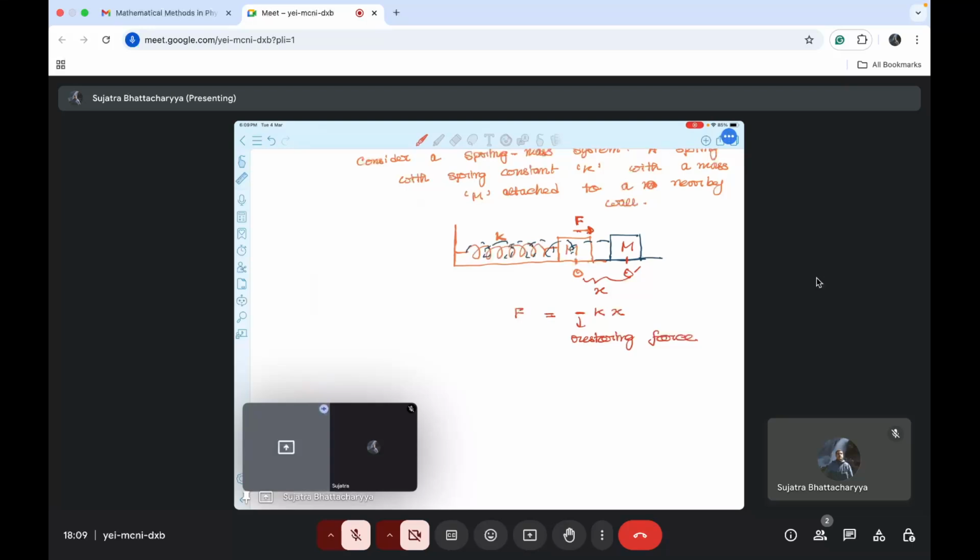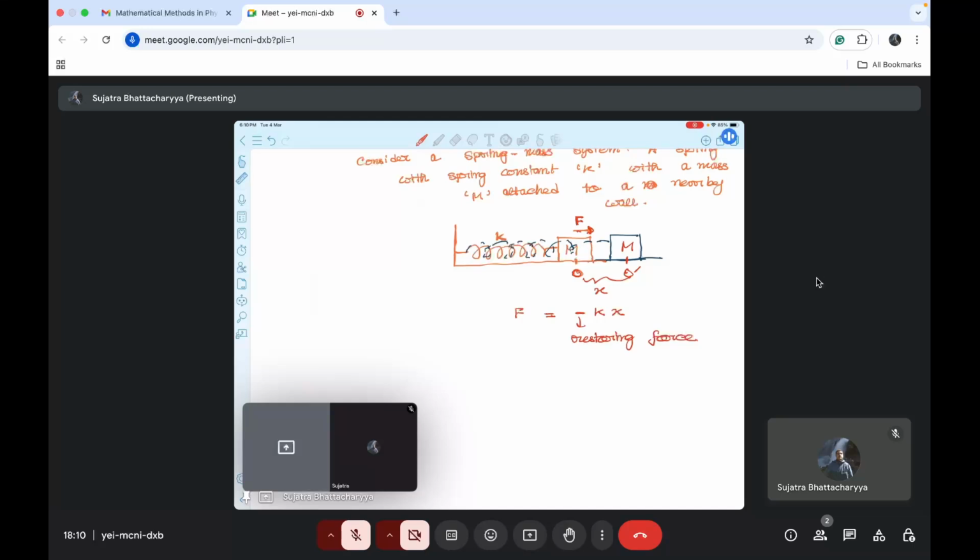That is, the mass tends to come towards the point O, its origin or the equilibrium point. That restoring force developed in this mass m is equal to k times x. This is very famously known as Hooke's law.